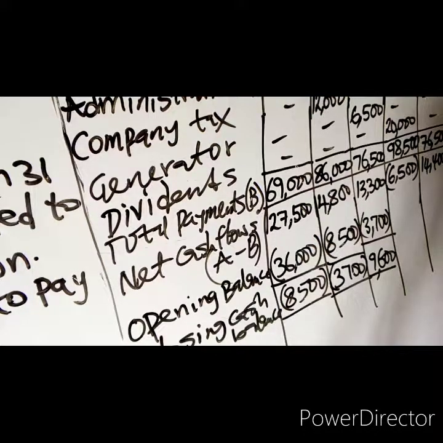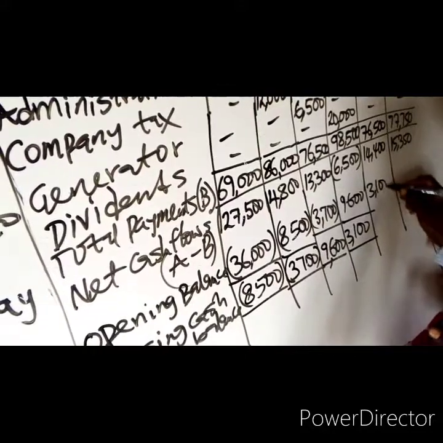9,600. This is cash in hand. Then this will be added to this. You know, this is positive, but this is negative. That means when you minus this plus this, you'll be left with 3,100. Then this is cash at bank. So this will also become the opening balance, 3,100.